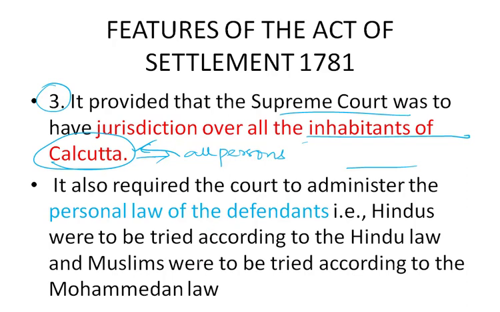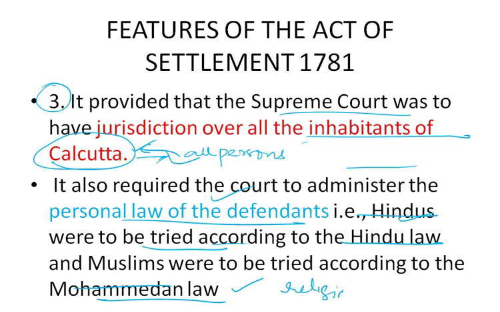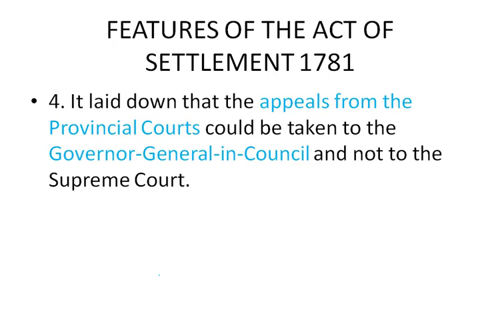It also required the court to administer the personal law of the defendants. That is, a Hindu will be tried based upon Hindu law only, and a Muslim will be tried on Mohammedan law. So judgments are passed by the Supreme Court based upon their religious law. This is the third feature.